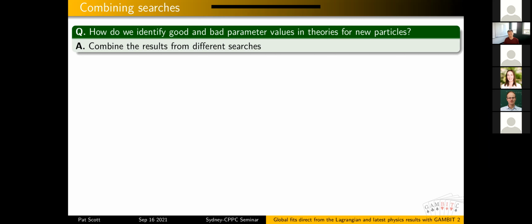There are lots of different experiments in lots of different areas: collider searches, dark matter searches, flavor physics, cosmology. What we really want to do is combine the results from all of the different searches from all of these different areas in such a way that we have a full picture of how constrained the different parameters are of the different theories.